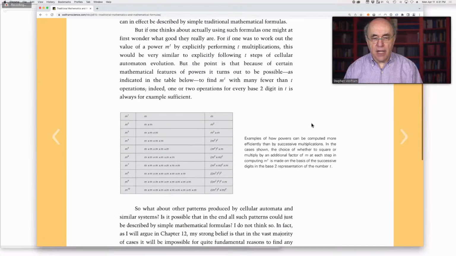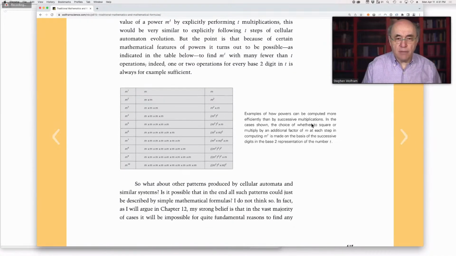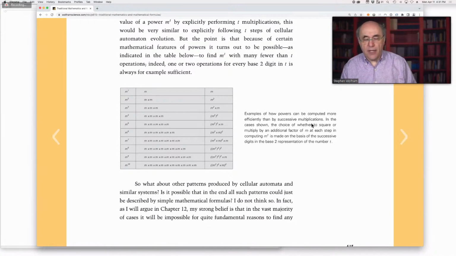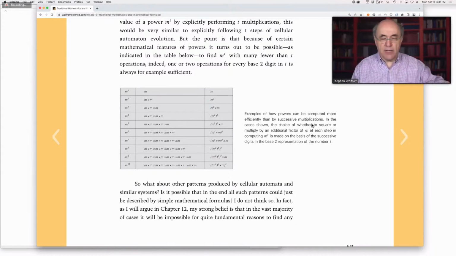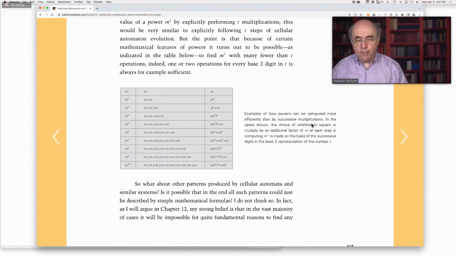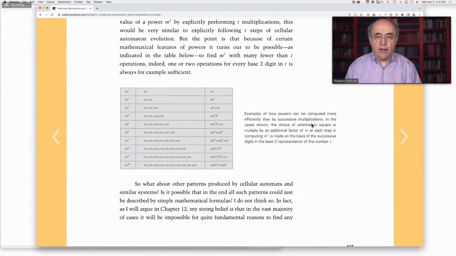And when you are computing powers of things, you might think, oh, to compute the nth power, you just have to take the thing and multiply it once, twice, 3 times, 4 times, until you've multiplied it n times. But that's not true. There's a much more efficient way of computing high powers by repeated squaring. You compute the 5th power, maybe by just going one at a time, but then to get to the 10th power, you just have to square that. You just have to multiply the 5th power by the 5th power again.